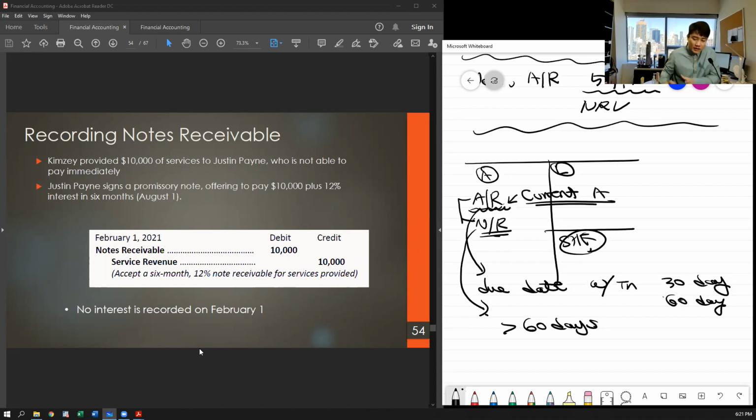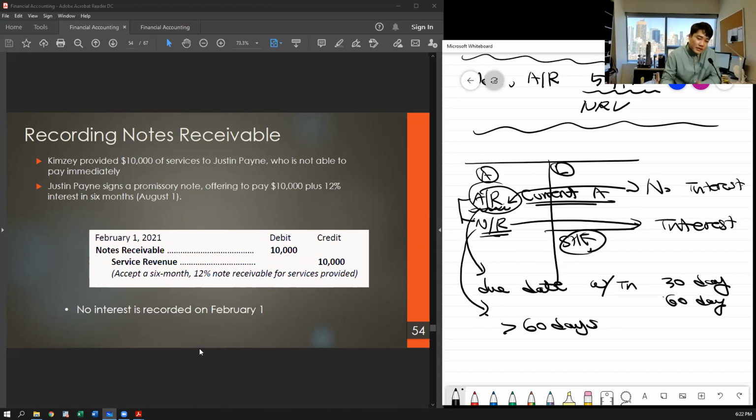Another difference is that for accounts receivable, you do not pay, or I don't want to say not, you do not pay interest. Whereas for notes receivable, there is an interest component associated with the notes.